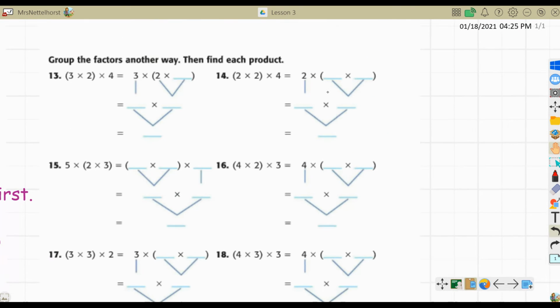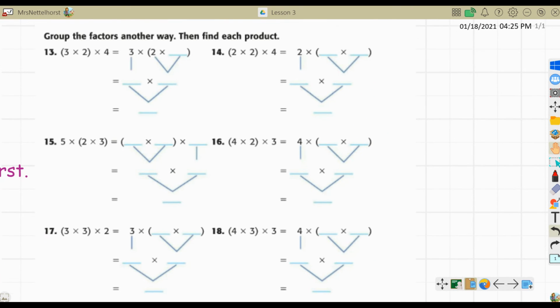Okay, so let's group the factors another way, then find each product. So this should have been first in my opinion, but anyway, oh no, I see what they did. They regrouped them. Okay, so you add 3 groups of 2 times 4 is the same as, then they changed it to 3 times 2 groups of, and you just need to bring that missing number over.